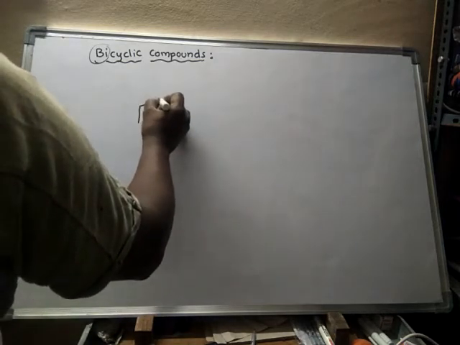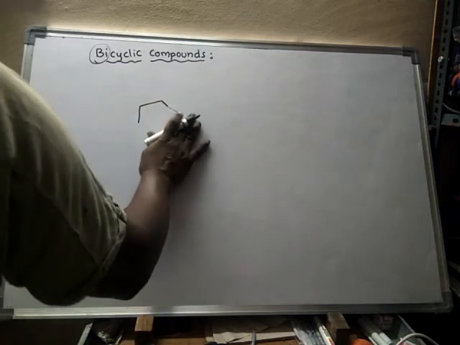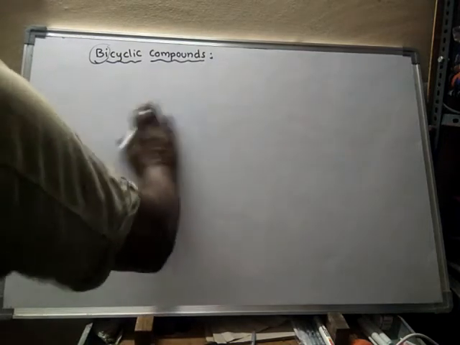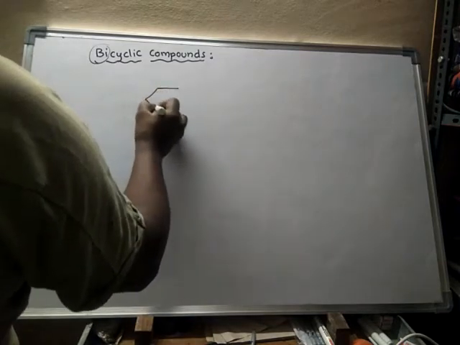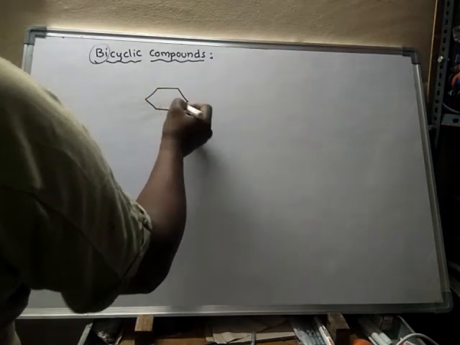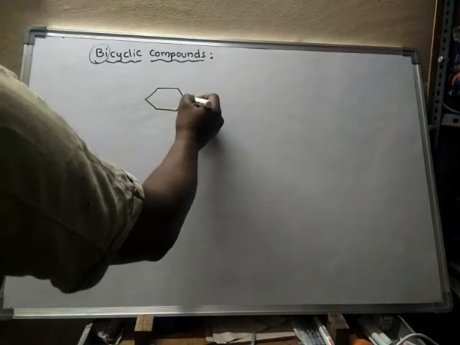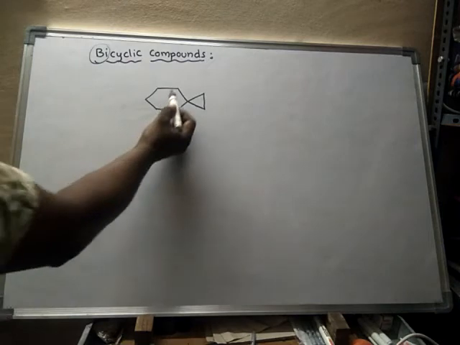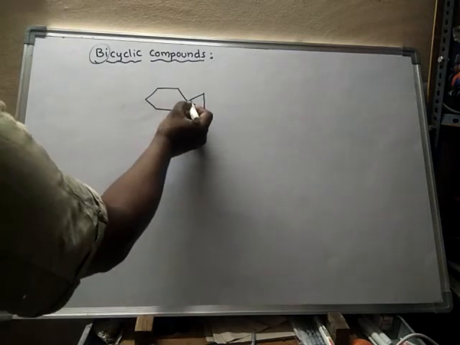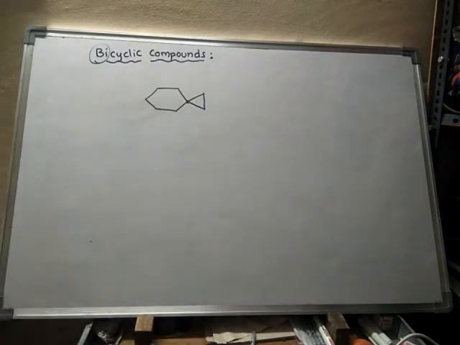For example, I'll take a compound like this. There are two rings, and these two rings are joined by a single carbon.